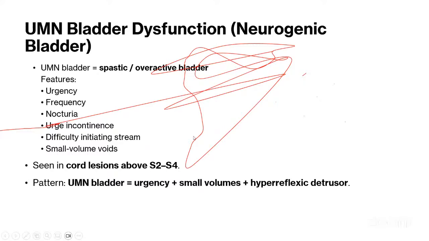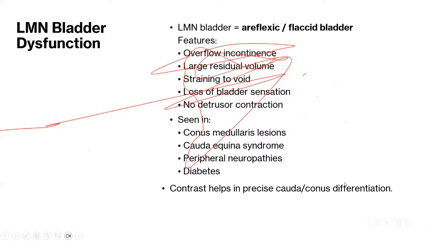One more thing I want to add is that in spinal cord lesions, the bladder symptoms usually involve dyssynergia. The UMN bladder has urgency, small volumes and a hyperreflexic detrusor. Whereas the LMN bladder dysfunction is usually areflexic or flaccid, mainly related to voiding.